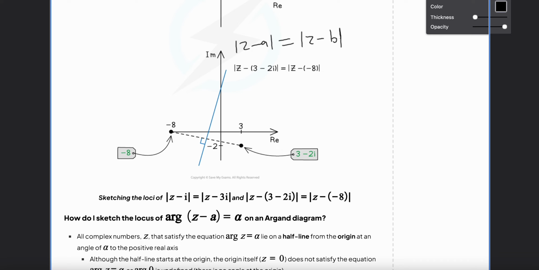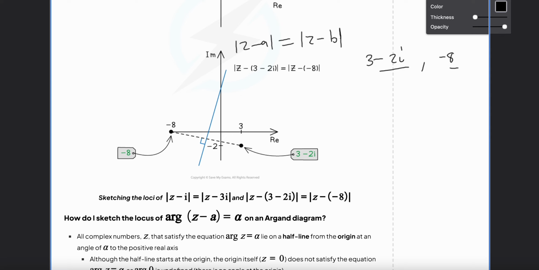If we compare this and this, you see that in place of a we now have 3 minus 2i. In place of the b, I now have minus 8. So on an Argand diagram, I need to plot the point 3 minus 2i, and I need to plot minus 8, right?